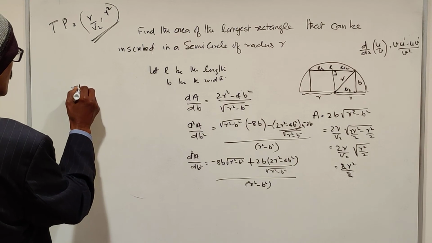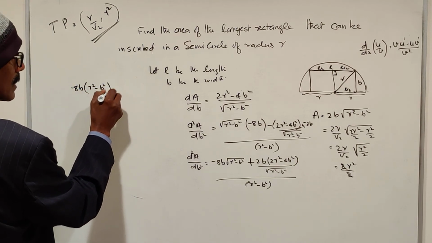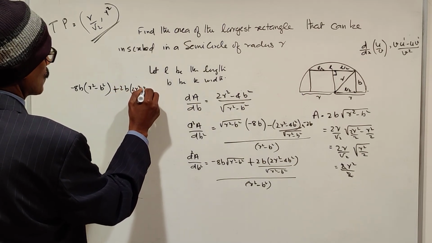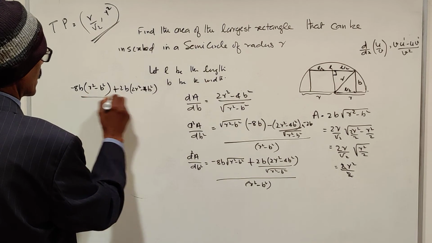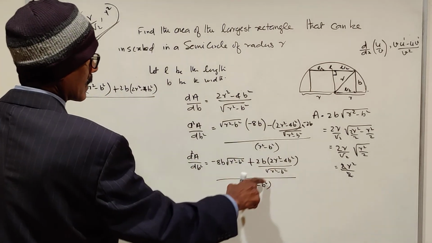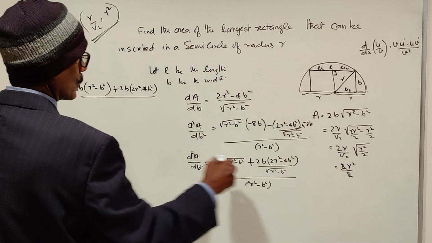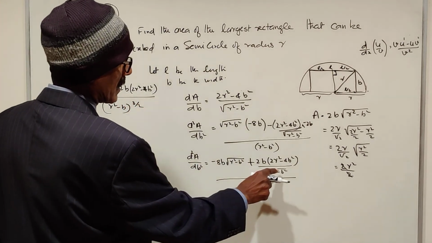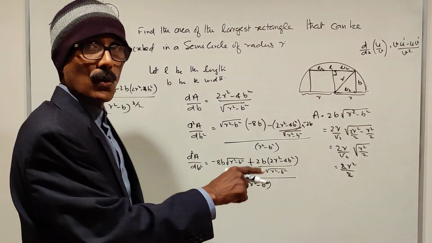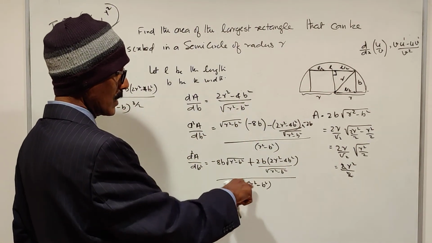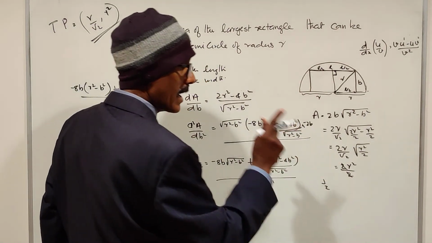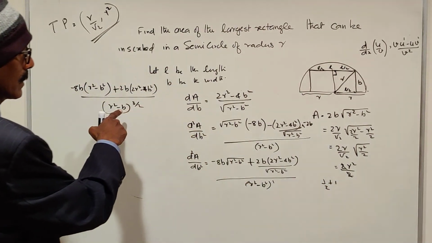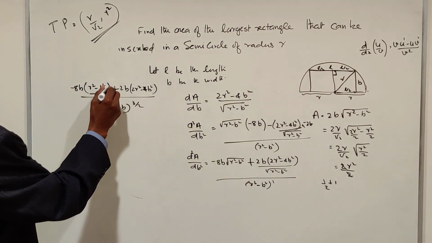Minus 8b into (r² − b²) plus 2b into (2r² − 4b²) divided by, see, this one and this one, you need to multiply these two. So that is (r² − b²) the whole raised to 3/2, because this one is (r² − b²) raised to 1/2, and this one raised to 1. You need to add the index powers: 1/2 plus 1 is 3/2.